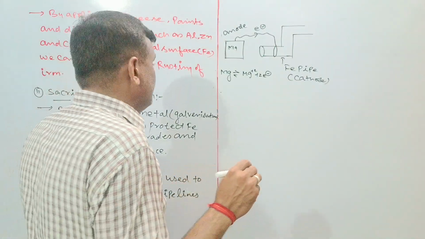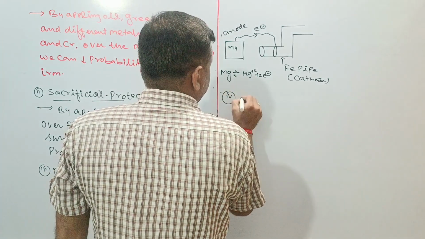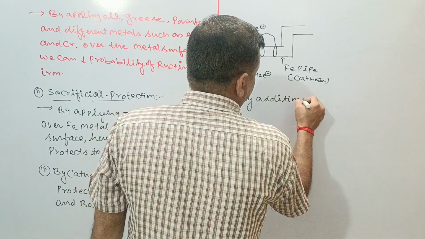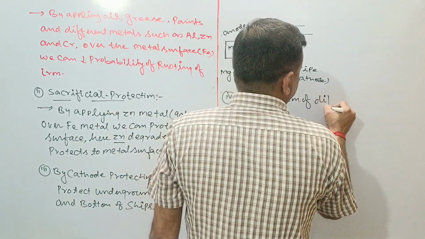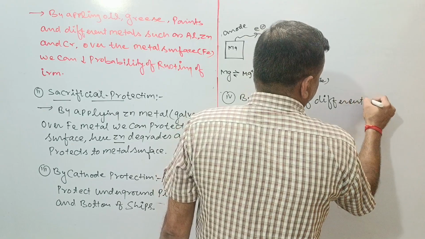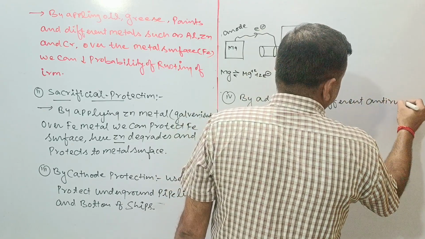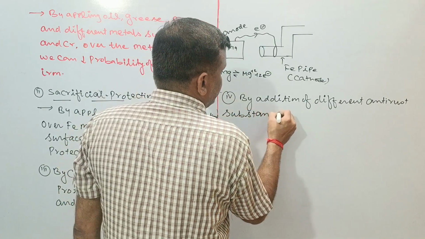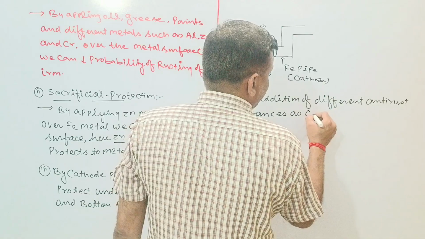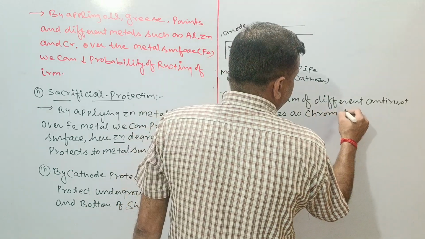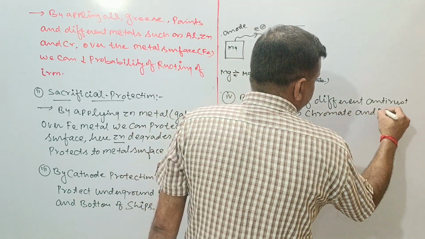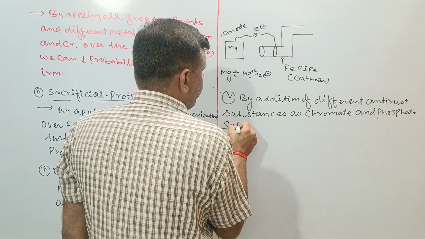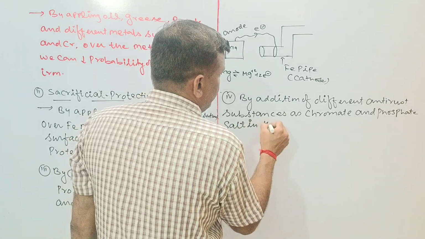Now, the fourth way is by addition of different anti-rust substances such as chromate and phosphate salt in the metal.